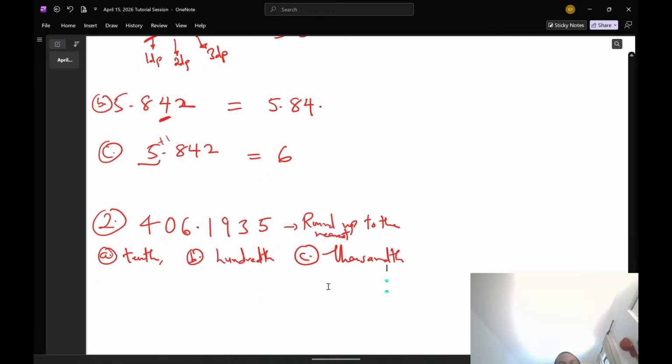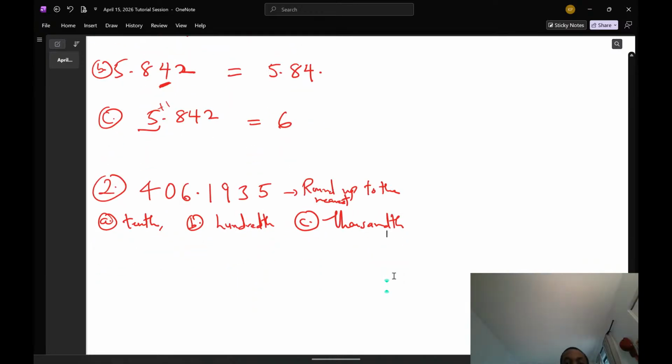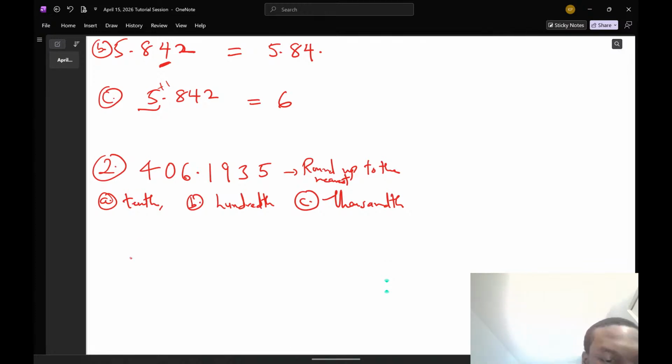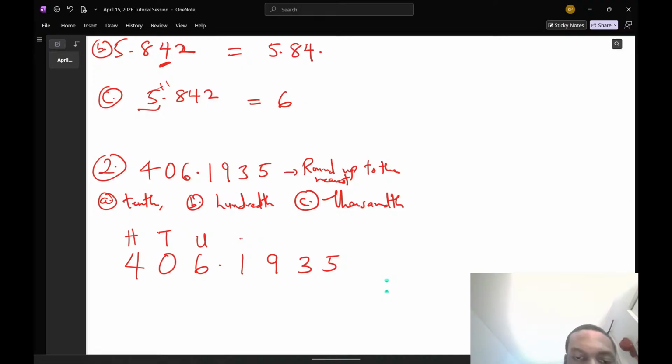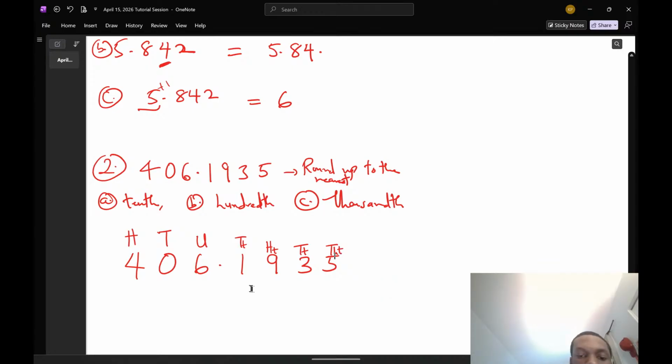So if we want to label everything, we have 406.1935. This is hundreds, tens, units, tenths, hundredths, thousandths, ten-thousandths.